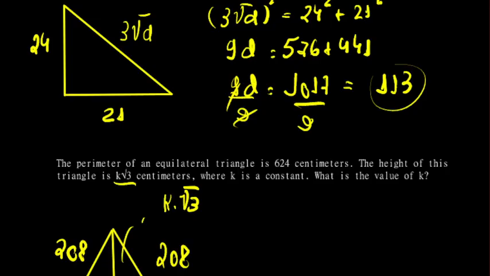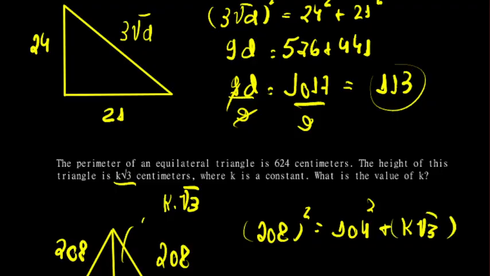Remember that half of each side is gonna be 104, that is the half of 208. So 208 squared has to be equal to 104 squared plus k square root of 3, squared.